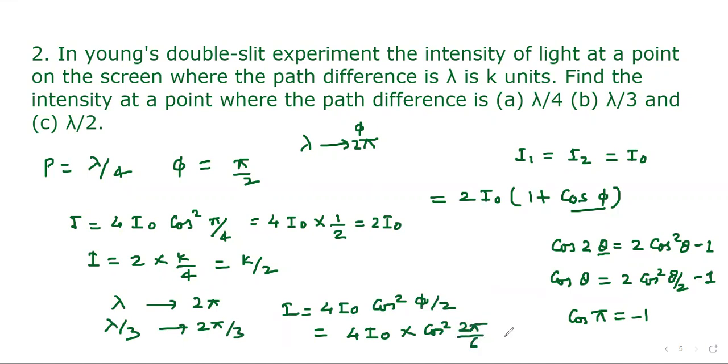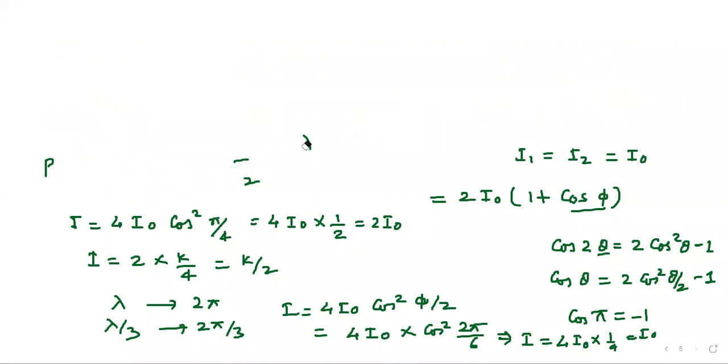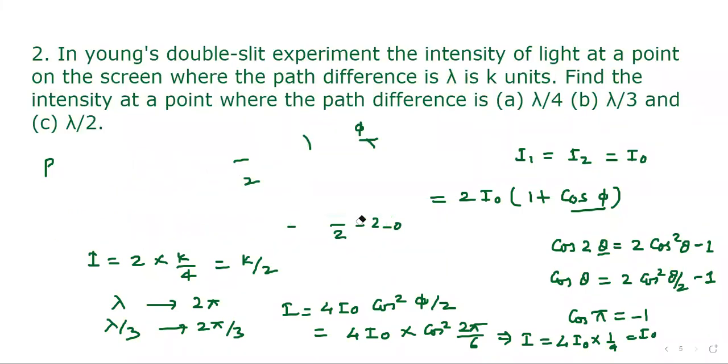And cos pi by 3 is 1 by 2. So from here we will get intensity equal to 4 I0 into 1 by 4, so that will give I0. So we can say that intensity this time is I equal to I0, and I0 is k by 4.